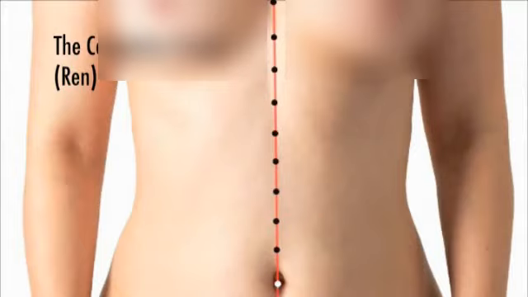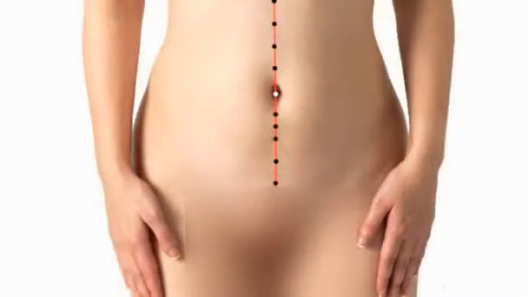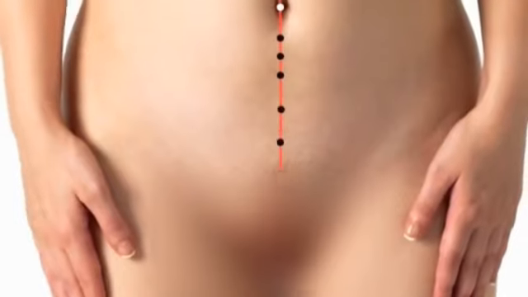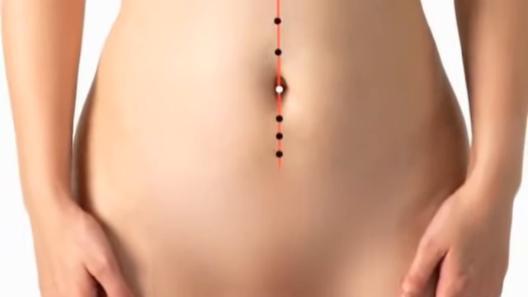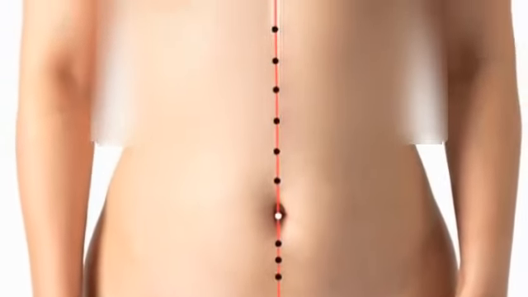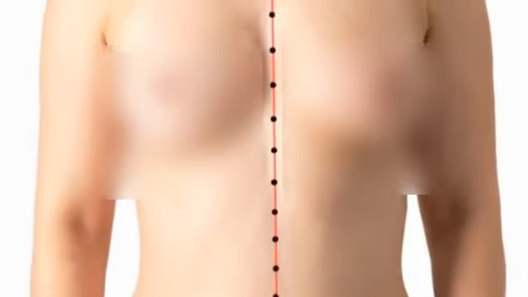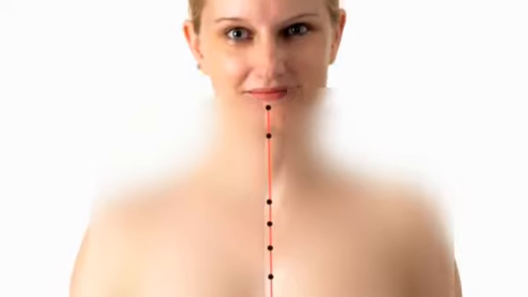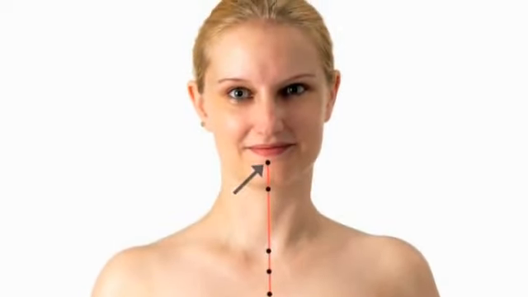The Ren channel arises in the lower abdomen in males and in the uterus in females, and descends to emerge on the perineum at Ren 1. The channel ascends the anterior midline of the abdomen, chest, throat, and jaw to terminate at Ren 24 at the centre of the mentolabial groove.